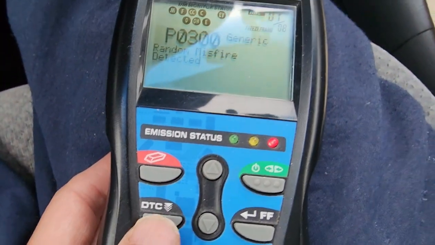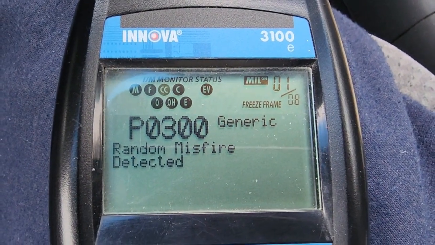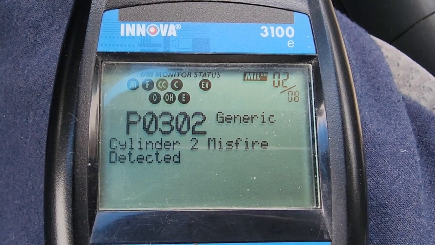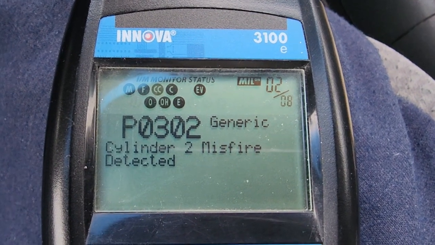I believe we should push this. Okay, now P0300, then P0302, cylinder 2 misfire.